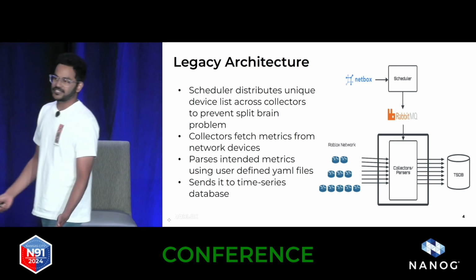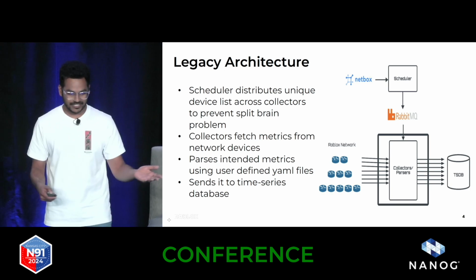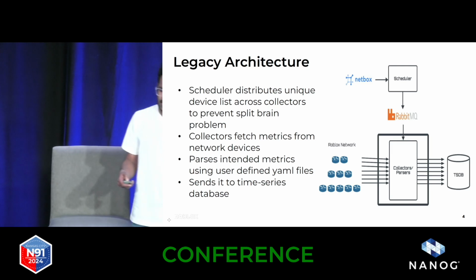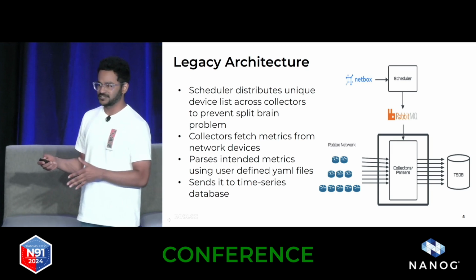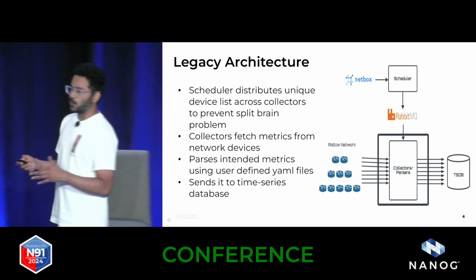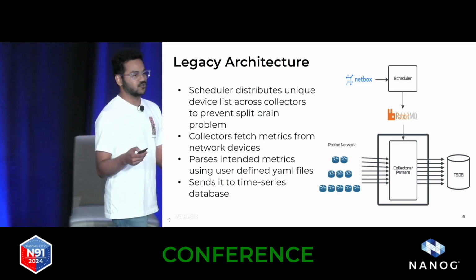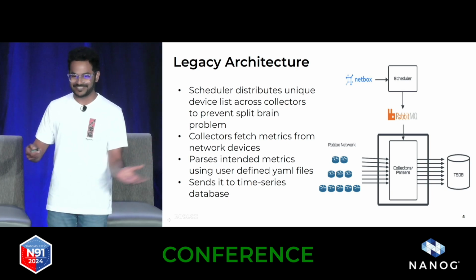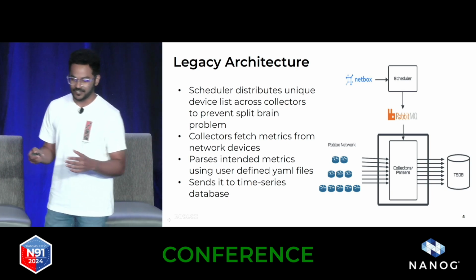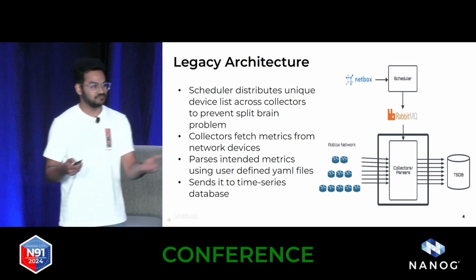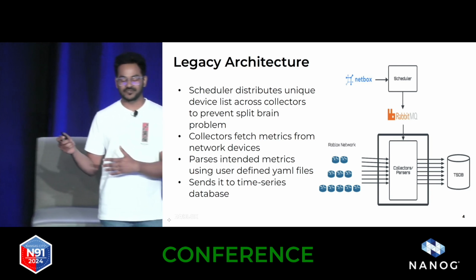Collectors connect to the network devices and fetch all the metrics using show commands, and then we have something called passes where we define what data we want to extract from these metrics. Like if you're doing show interfaces, we don't want to send everything to the database.